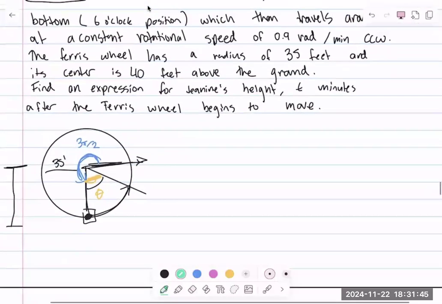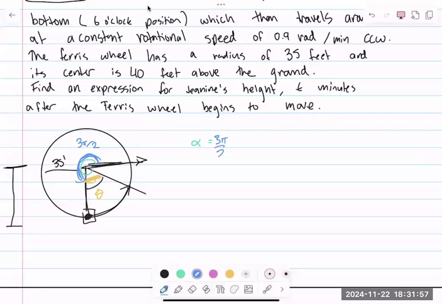So I'm going to call this full thing alpha. I'm interested in this angle from 3 o'clock. So alpha is given by 3 pi over 2 plus theta. You could have also had negative pi over 2 plus theta, whichever you like better.